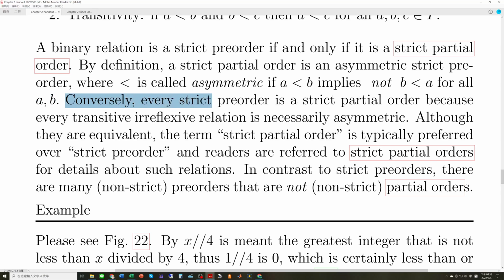Conversely, every strict preorder is a strict partial order because every transitive irreflexive relation is necessarily asymmetric. Okay, we have talked about it earlier in the first part of today's class.